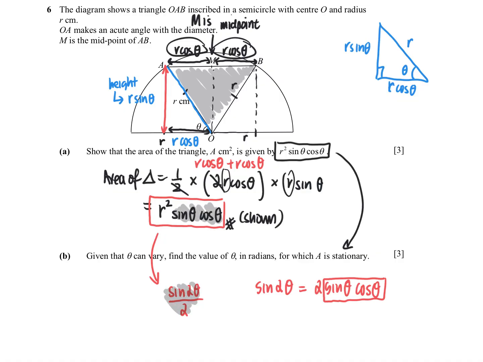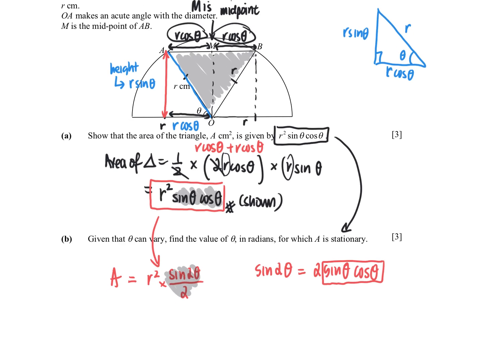Then after that we have r squared. But we can't do from here because we cannot find the differentiation of sine yet. We haven't learned. By right, when we do dA/d theta, all these are constant. It doesn't affect anything. We are just differentiating the sine.